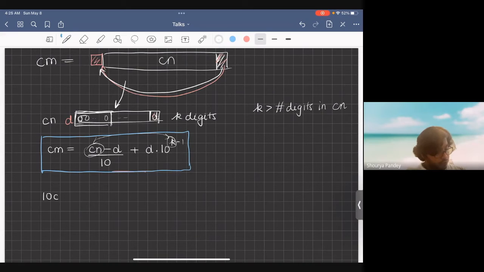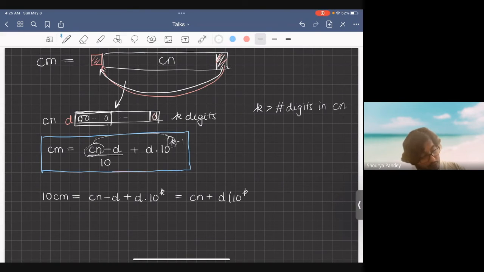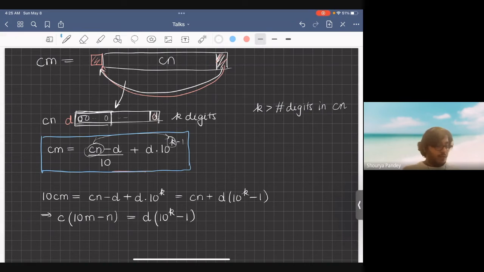Sure. I guess I can move it to this side and just take this. Okay. Now what? And let's just say M is more than N, without loss of generality.